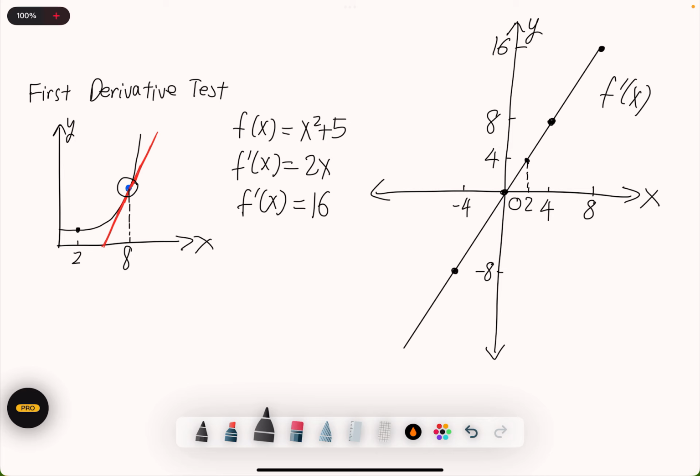So the first derivative test is based on the idea that you can actually graph out all the derivatives in a graph f of x, and that you can essentially link all of these infinite number of derivatives together.